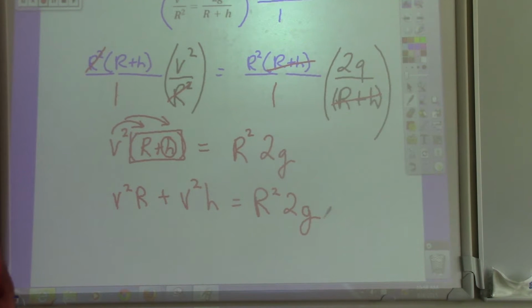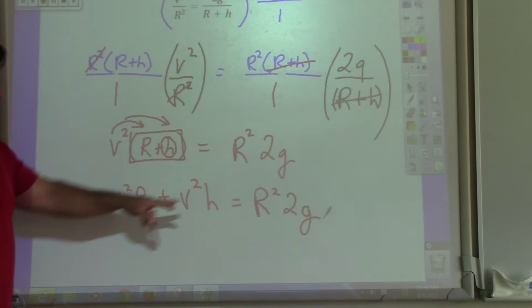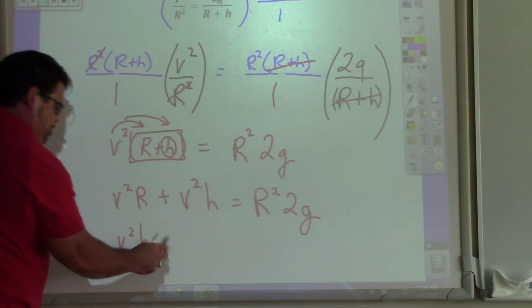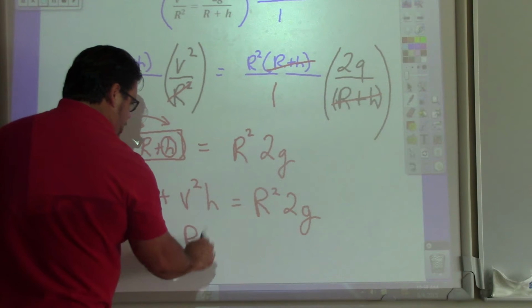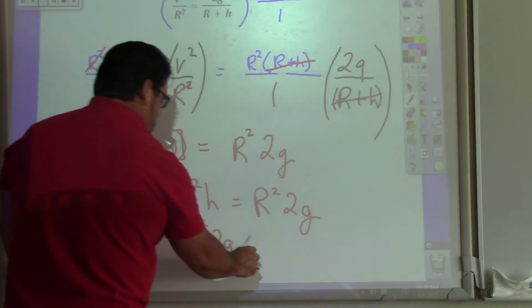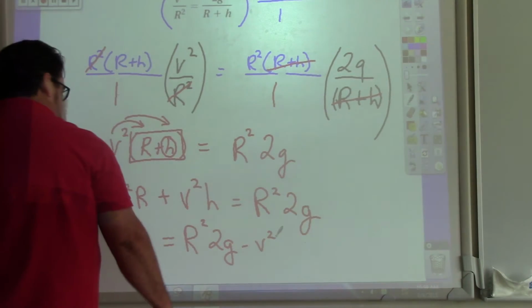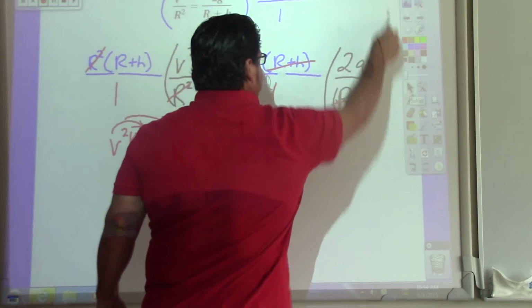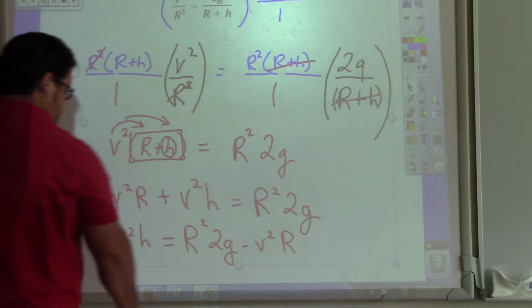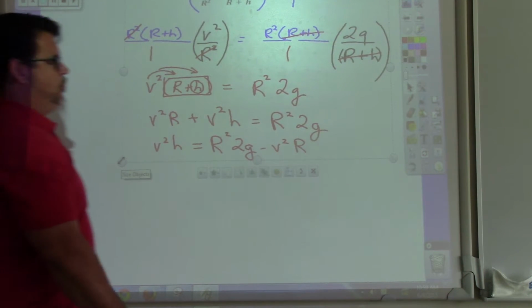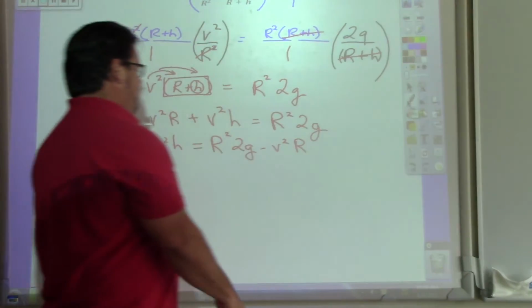So, what do you do with the other piece that doesn't have the ring in it? Throw it away. You don't need it, so put it over there. So, V squared H is equal to R squared 2G minus V squared, big R. Now what?